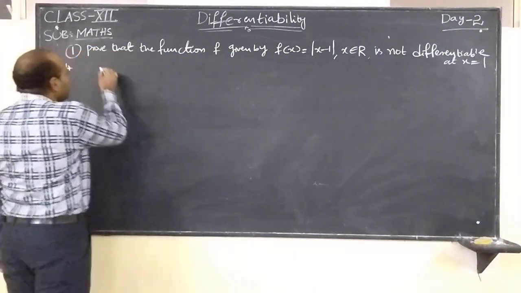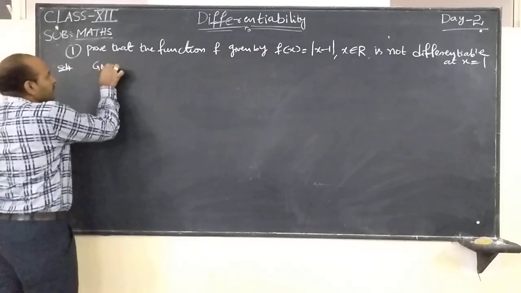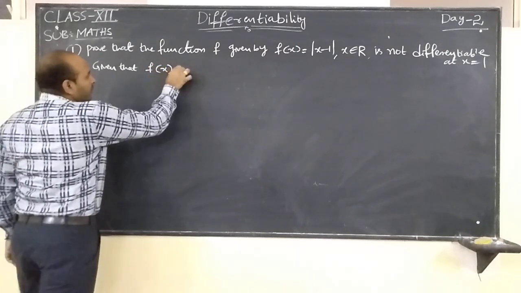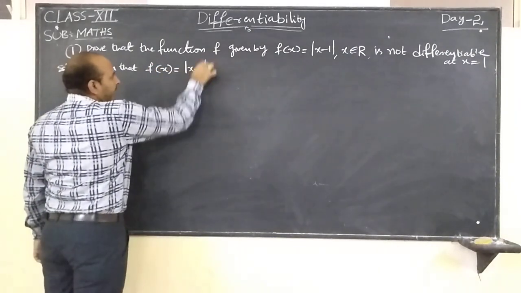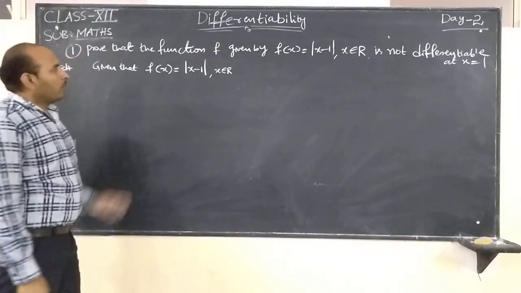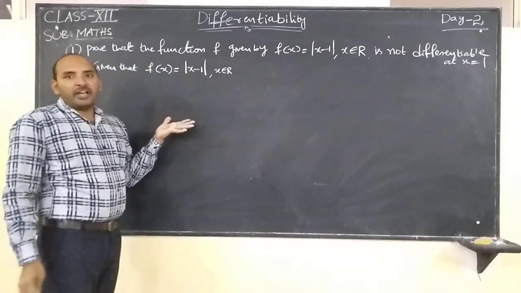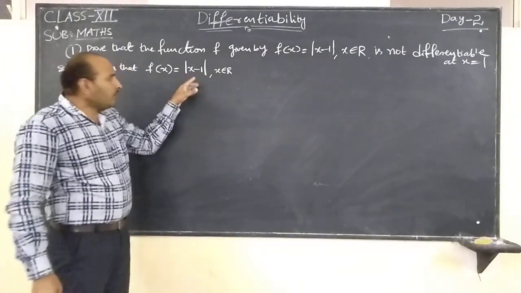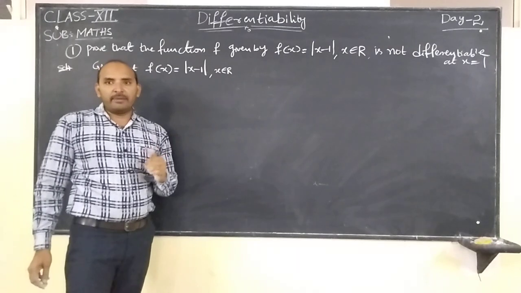So what is the function given? f of x is equal to modulus of x minus 1, where x belongs to R. By the definition of modulus function, already we discussed in the last theorem, mod x function is plus x, 0, and again minus x.